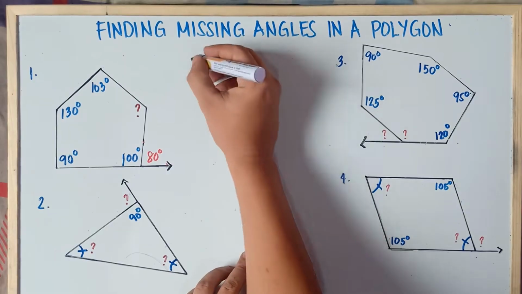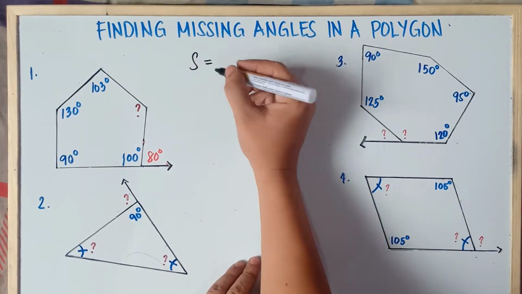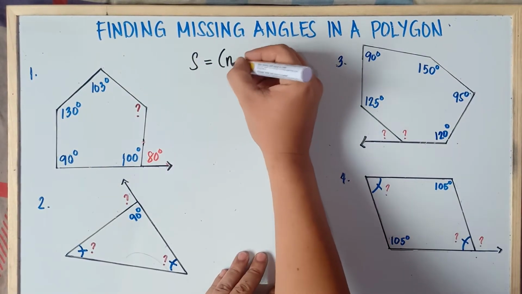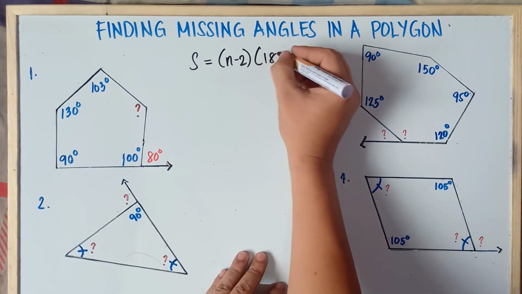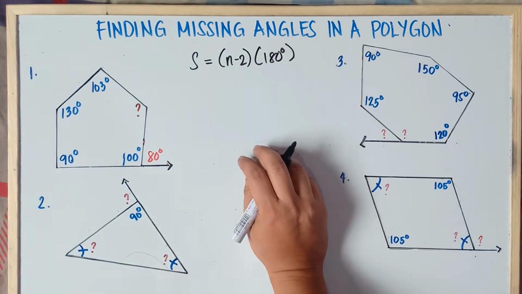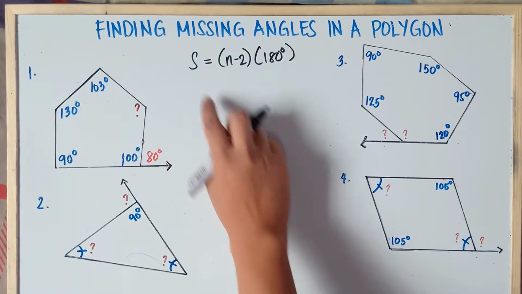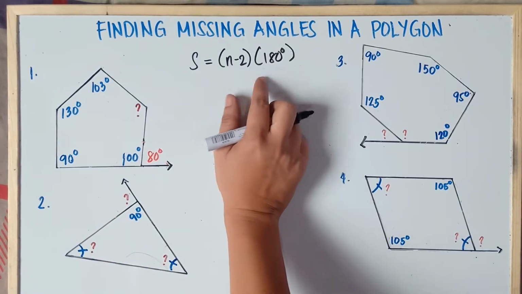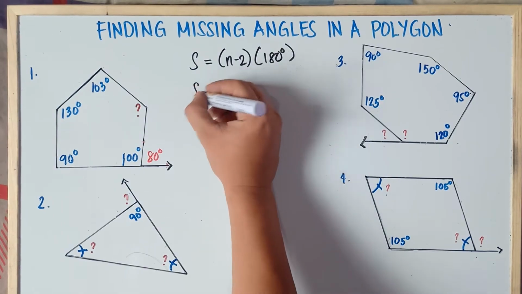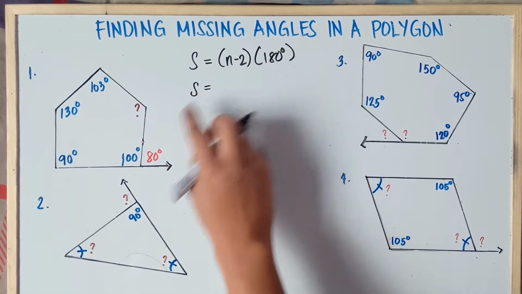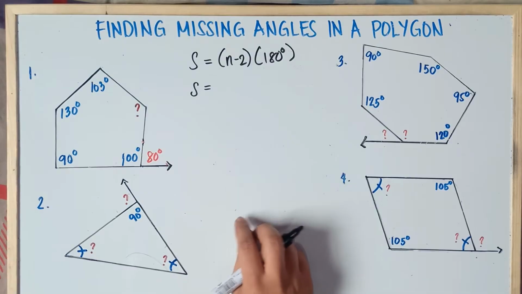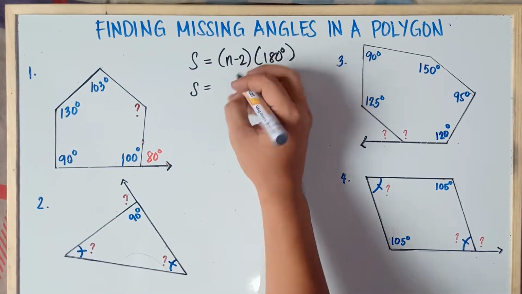Once again, find the sum. The sum of interior angles is equal to n minus 2 times 180 degrees. This is the formula for getting the sum of these interior angles. So S equals n minus 2 times 180 degrees, where n represents the number of sides: 1, 2, 3, 4, 5, so that is 5.